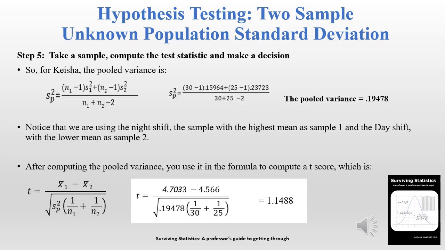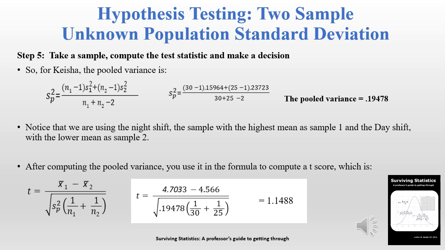All right, we're ready to use these formulas with the values that Keisha computed. And I just want to point out one thing, because we really are looking for a greater than. We want a positive critical value, positive t-stat. We're going to put the sample with the highest mean as sample 1. Okay, so once we've done that, we want to compute the pooled variance.